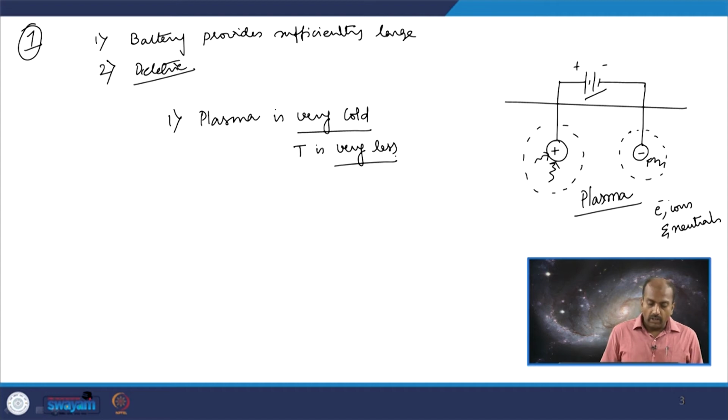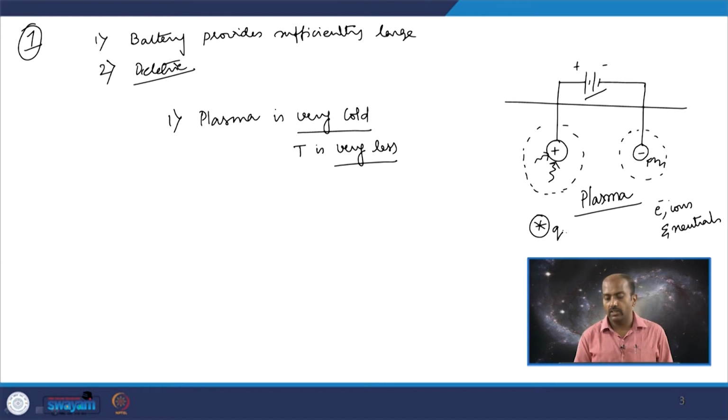There would be just as many charges in the cloud to shield the positive charge. So the idea is, if you have a sufficiently large number of electrons in this region, any particle, let us say this star, which should ideally be a particle with a charge, will not be able to see this positive charge. That is the shielding I am talking about.